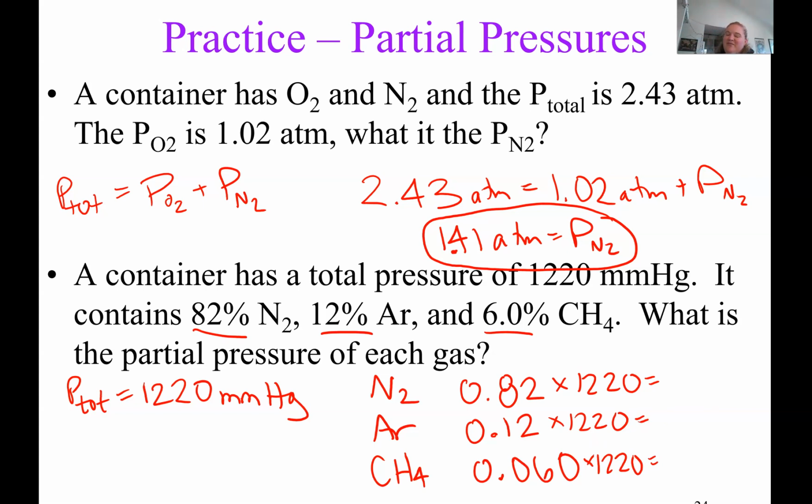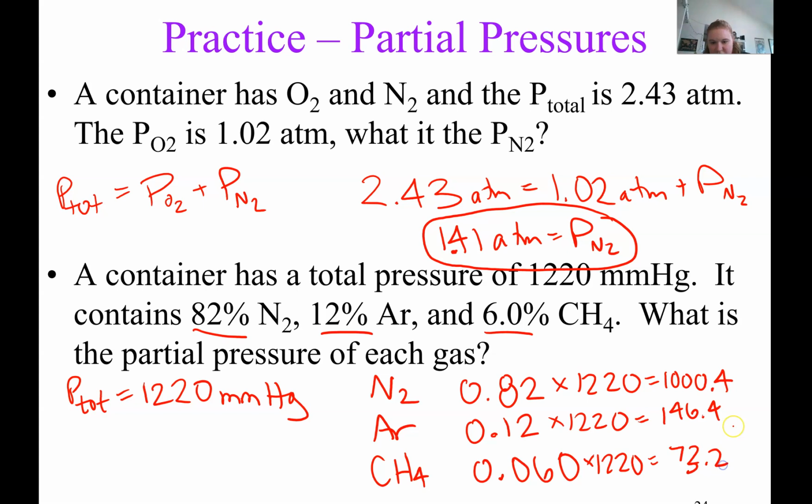So if nitrogen is 82% of the gas, then it will also be 82% of the pressure. So I get 1000.4, and for argon 146.4, and 73.2.